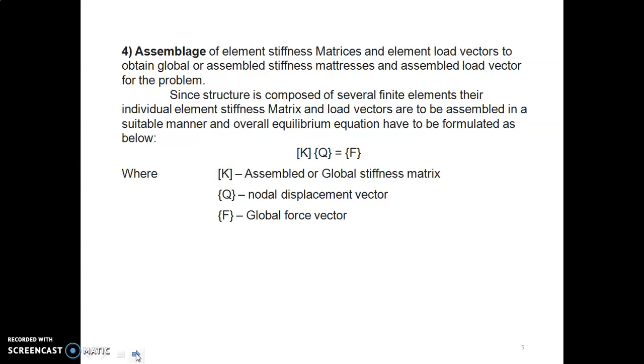I will show you how to assemble in the next video. For the time being, just remember that you need to assemble the stiffness matrices and the load vectors, and put it like this: K into Q is equal to F, where K is the assembled global stiffness matrix, Q is the nodal displacement vector, and F is the force vector. We will discuss how this equation comes and how to put it up in the next video.